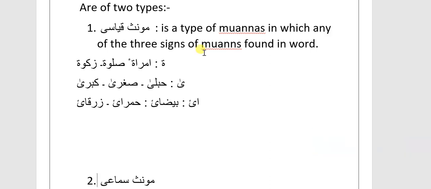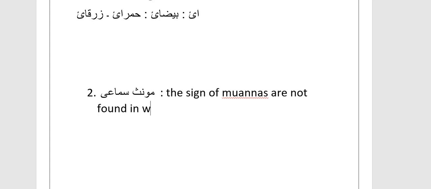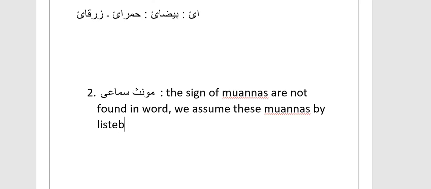What is muannas simai? You already have some idea of what it is. It's just the opposite of muannas qiyasi. Muannas simai are the muannas in which the sign of muannas is not found in the word. We assume these muannas by listening to the Arabians.